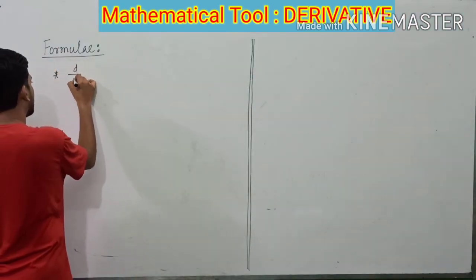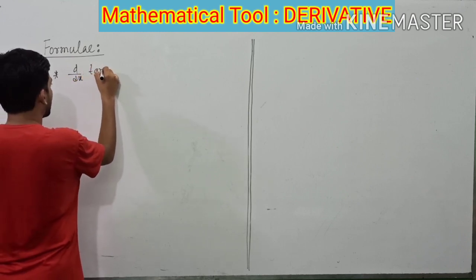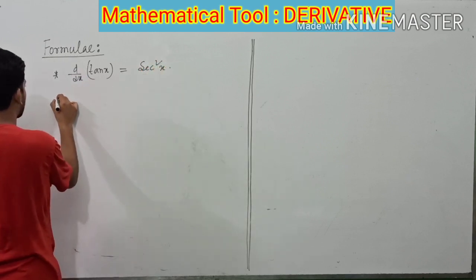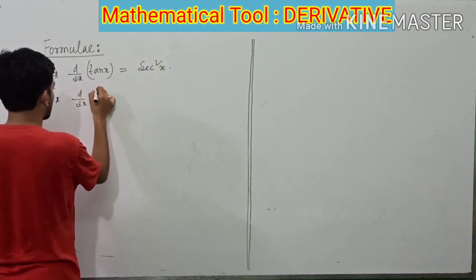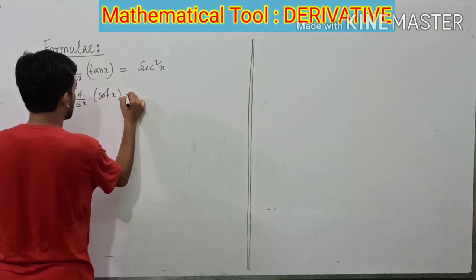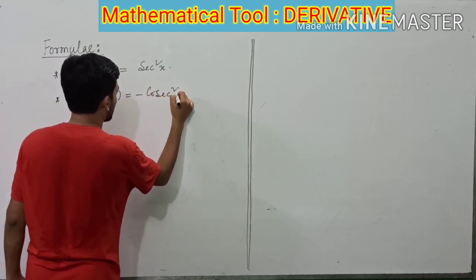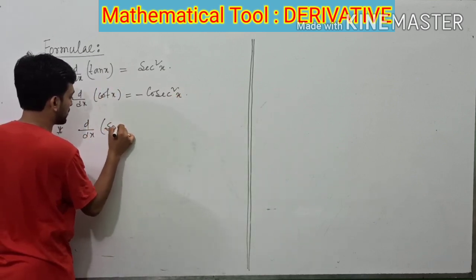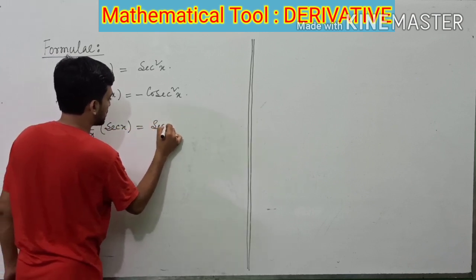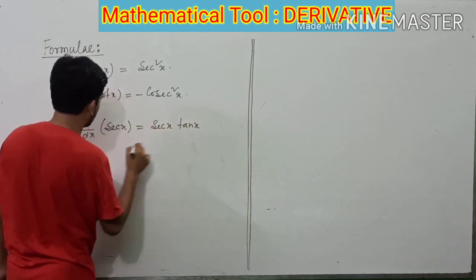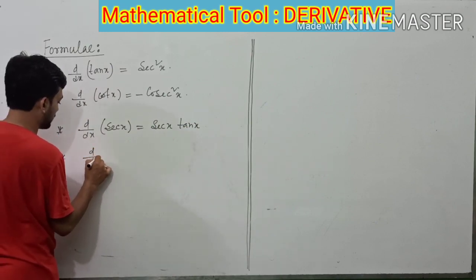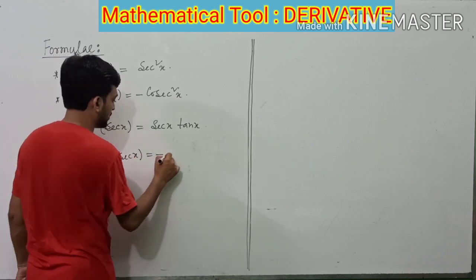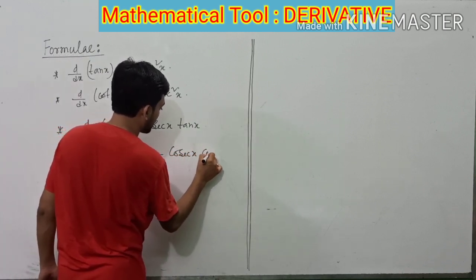Next, d/dx of tan x is equal to sec square x, d/dx of cot x equal to minus cosec square x, d/dx of sec x is equal to sec x tan x, d/dx of cosec x equal to minus cosec x cot x.